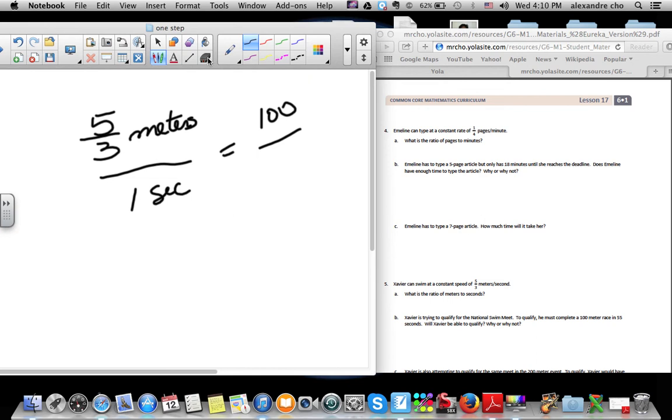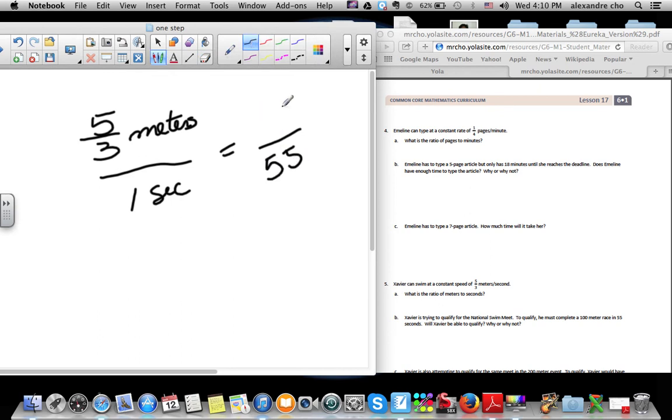Better yet, instead of doing it that way, let's do this a little bit different. Let's see how far he can swim in 55 seconds. We know that it has to be 100 meters. So if we gave Xavier 55 seconds, how far would he go?